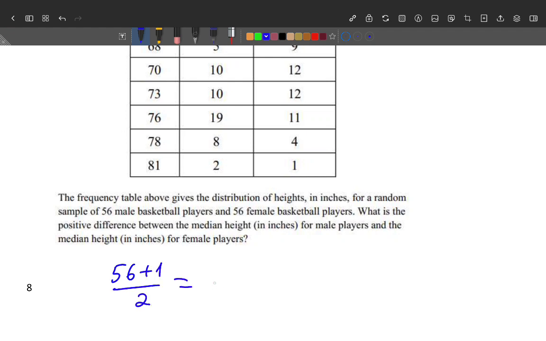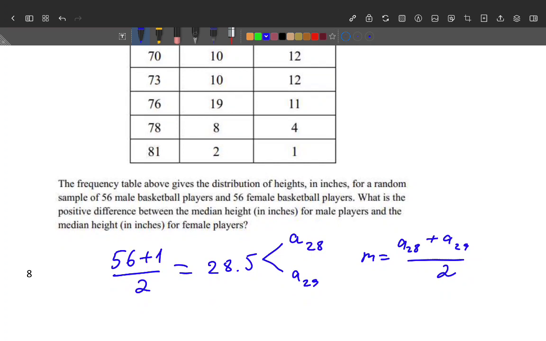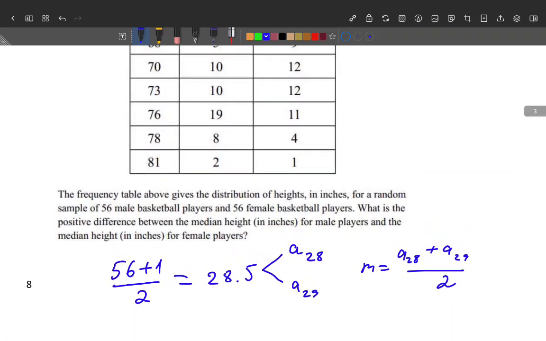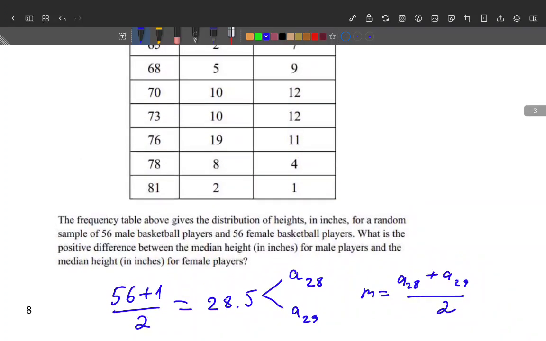Look, it gives us 28 and 5. It means the median is situated here, A28, A29. The median will be actually A28 plus A29 divided by 2. This formula works for every situation for finding median.